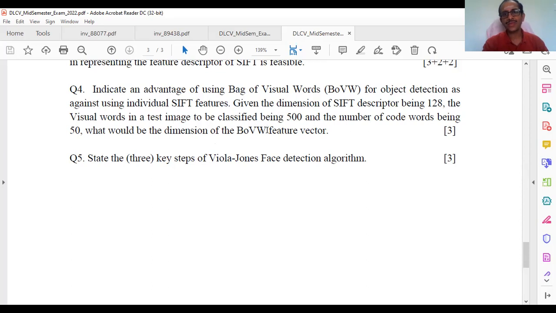The 50 code words will have their frequencies out of these 500. That frequency vector of these code words is referred to as the bag of visual words feature vector. So the dimension of the bag of visual words feature vector finally is only 50 cross 1.